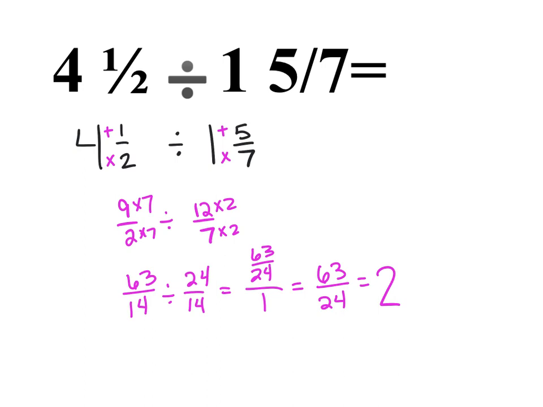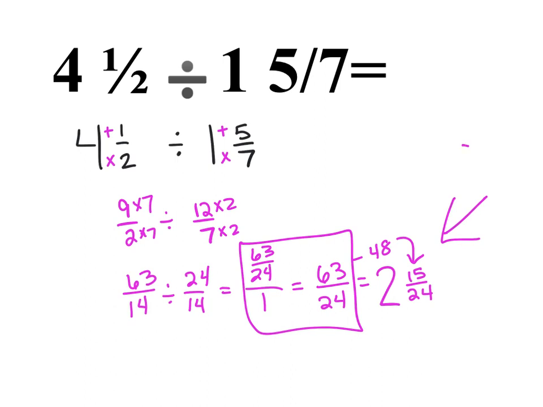And 24 times 2 is 48. And then you have to do 63 minus 48. That's what's left for your numerator, and that's 15/24. So kind of yucky numbers, but like I said, if we can get to here, bravo. If you get to here, rock star.